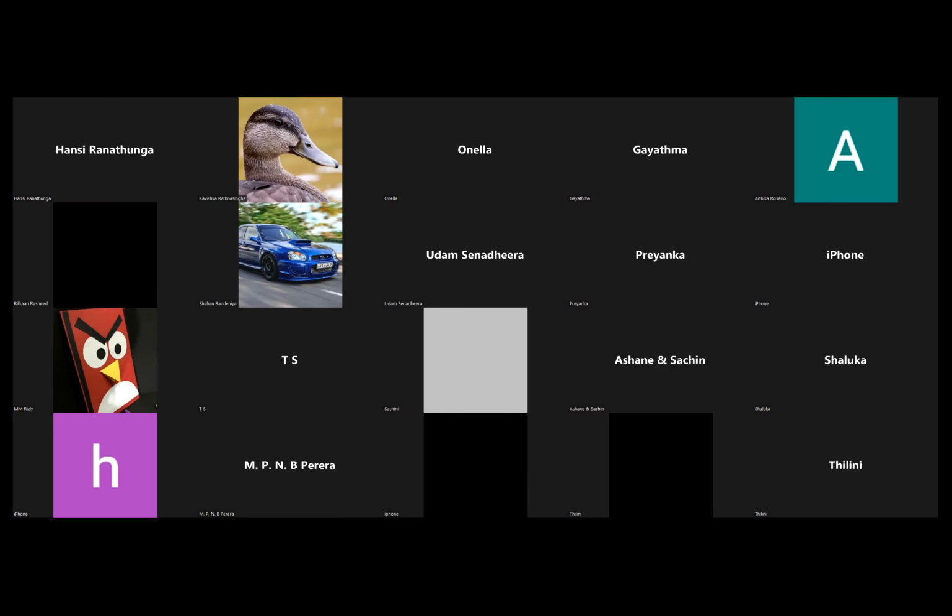Okay. Next one is abnormal presentation. So that means the child can be in transverse or breech. So what would you ask in the history, Shalka?